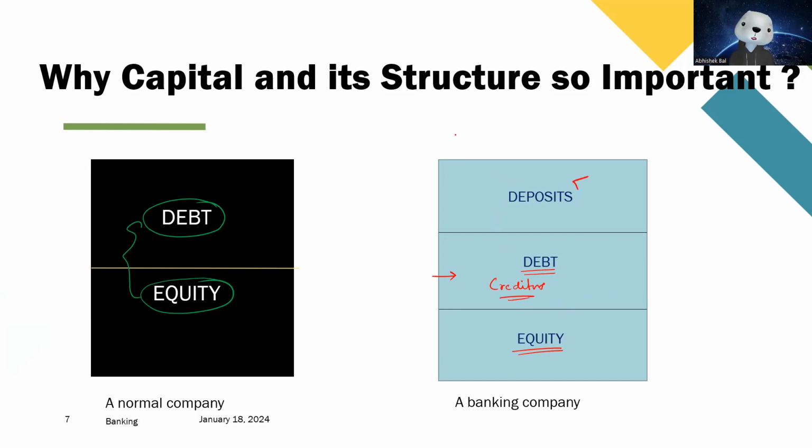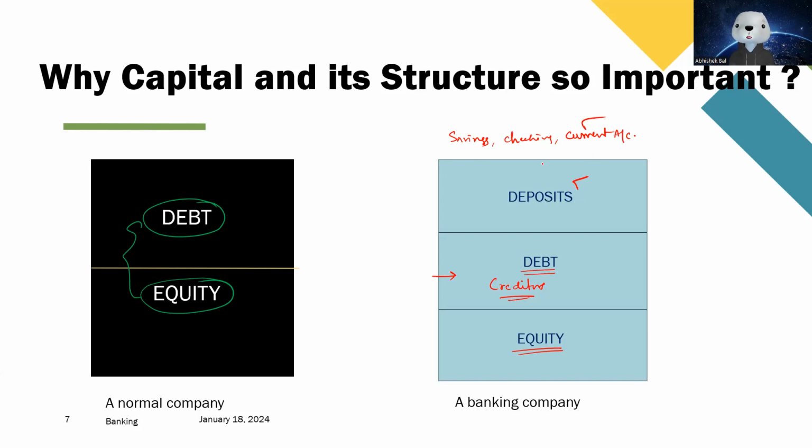Who are these depositors? The depositors are people like you and me who have parked their savings account with the bank, who may have a checking account with the bank. Some of the small customers may have a current account. Some of the large customers may also have a current account. All of them are pushing in money, hard currency, in the form of raw material to this particular organization.